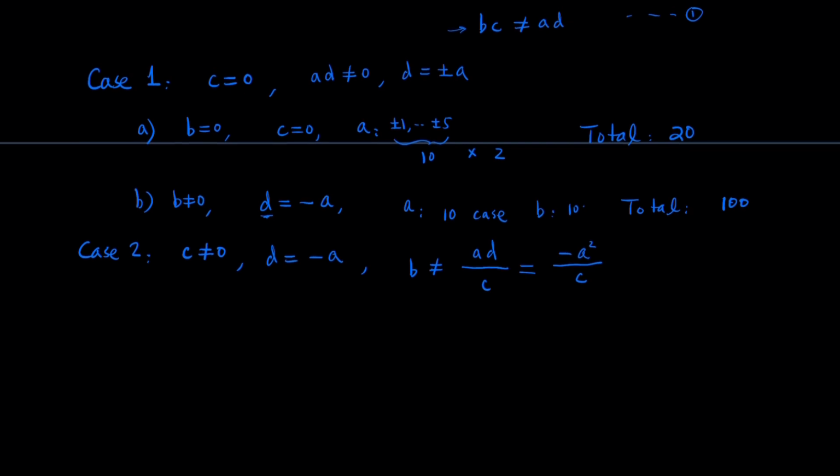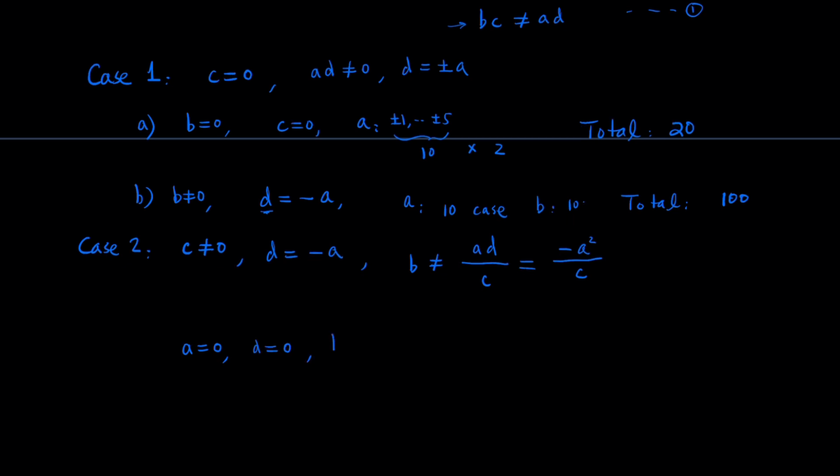So how about, let's say A can be 0, right? If A equals 0, so what happens is that D is equal to 0. So B cannot equal to 0, right? This is what it says, right? So which means I have C not equal to 0.